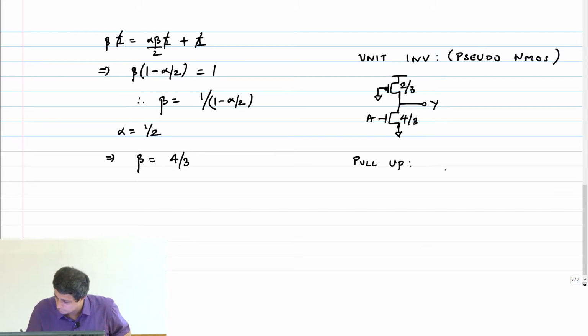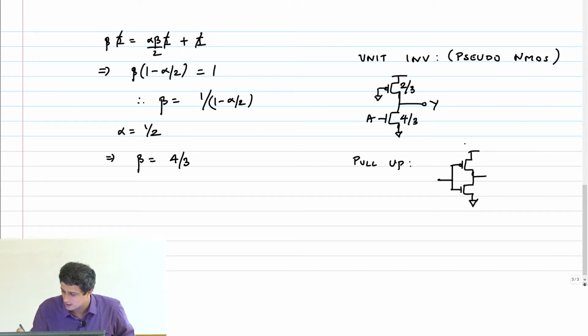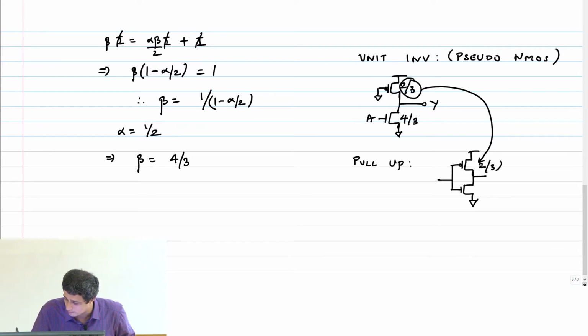Okay, so therefore here my reference inverter is the following. This is 2/3. Therefore, I'll make this 2/3. Now, if that is 2/3, what should the NMOS size be? 1/3. So, this total capacitance is equal to how much?